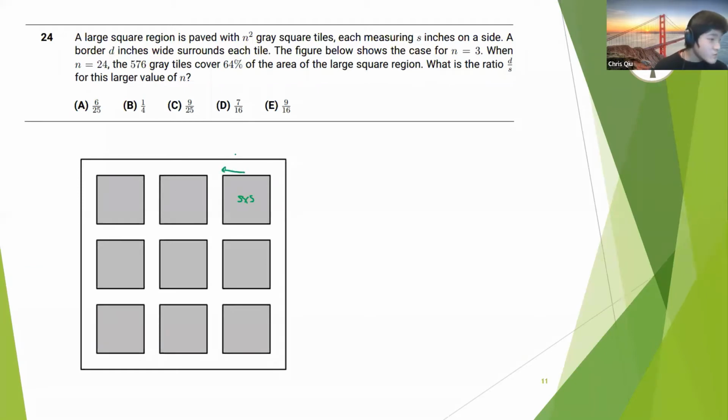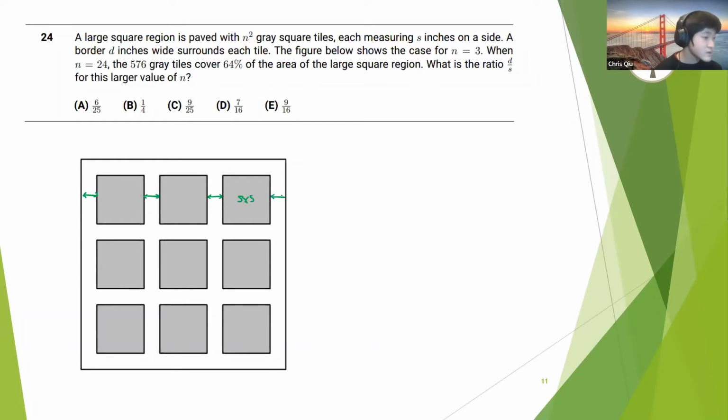Each tile has side length s, and also the distance between each tile, each of these distances, measures d inches.